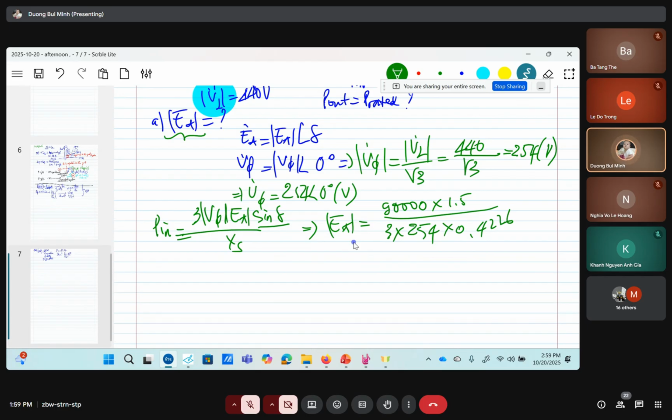Double check. This is 90,000 times 1.5 over 3, over V phase 254, over sine 25. And then you can get EA as 90,000 times 1.5 divided by 3, divided by 254 and 0.4226.